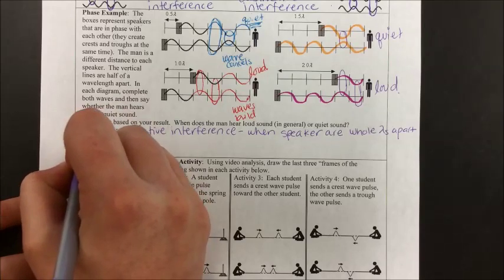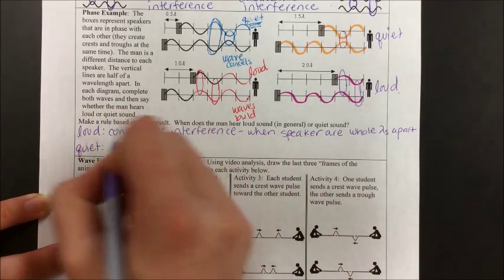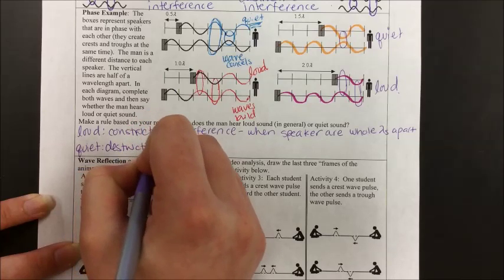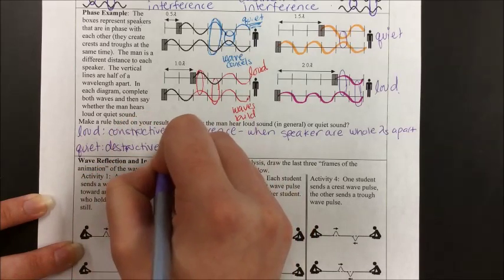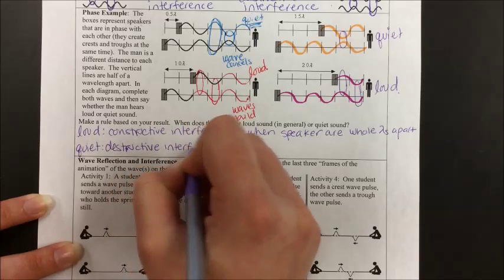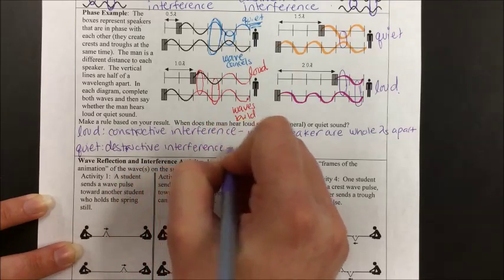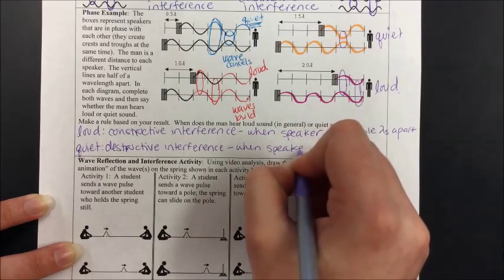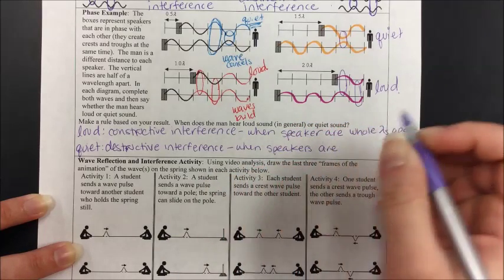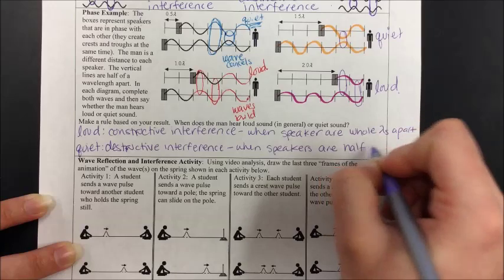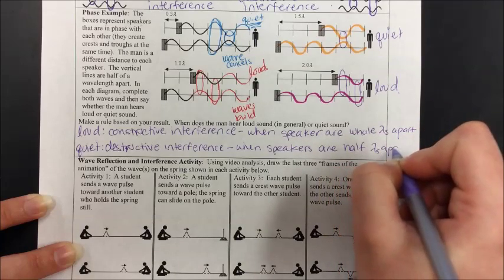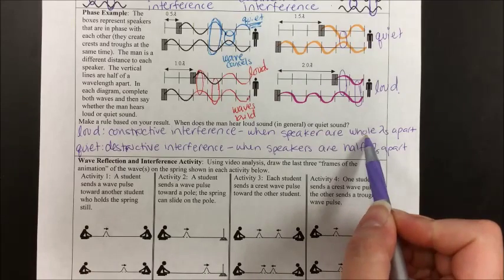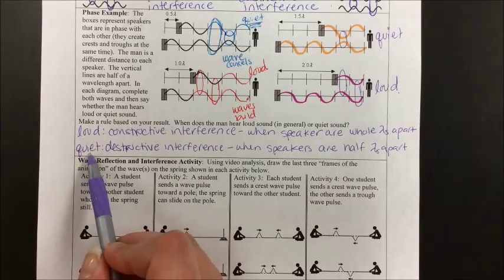And we hear a quiet sound or no sound. That's going to be destructive interference, and this is when the speakers are half wavelengths apart. So unless they are completely a whole wavelength apart, we're going to end up with a quieter sound.